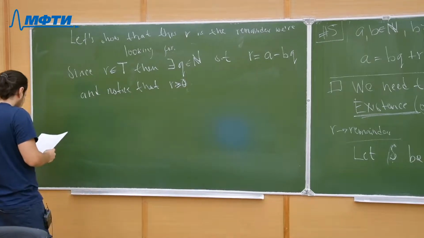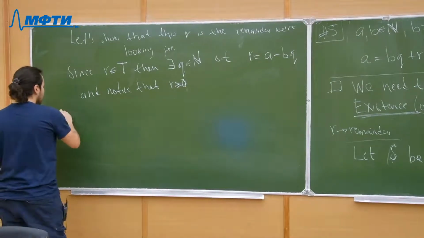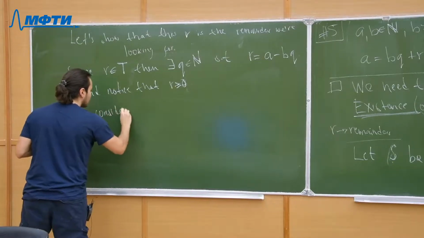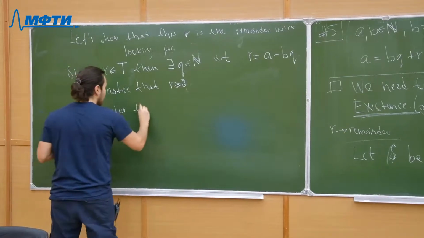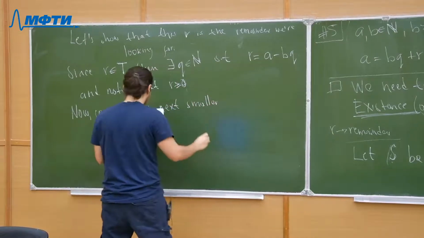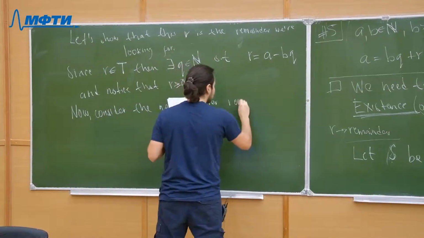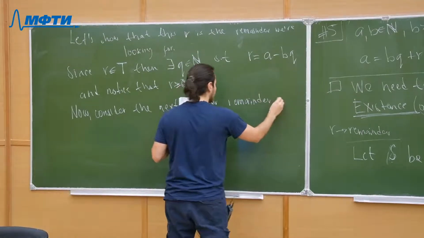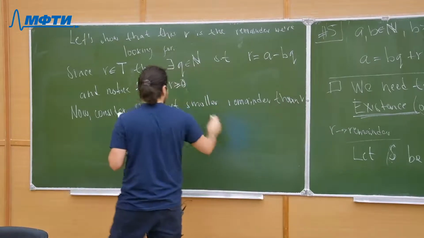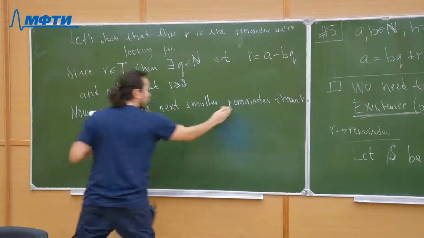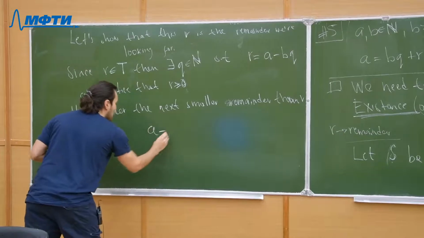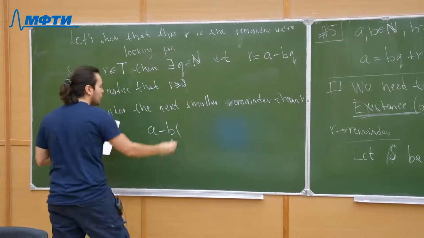Now consider the next smaller remainder than R. What does it mean? It means that we have to take A minus B, and we put here Q plus 1.